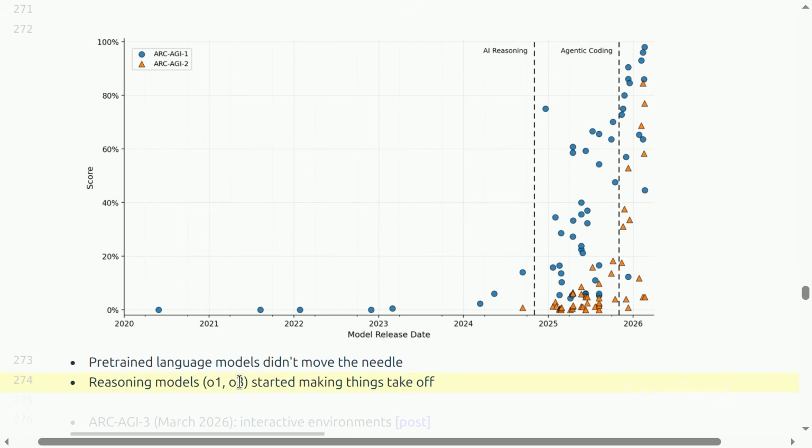Now one could wonder whether all the knowledge of actual pre-training was necessary for these tasks. Certainly, without pre-training, we wouldn't have this explosion of reasoning models. So arguably, it was still important, but maybe not directly visible for much of the history of ArcAGI.